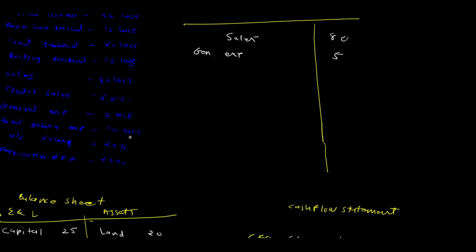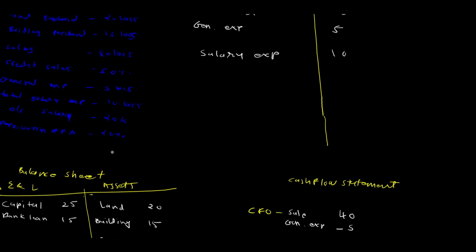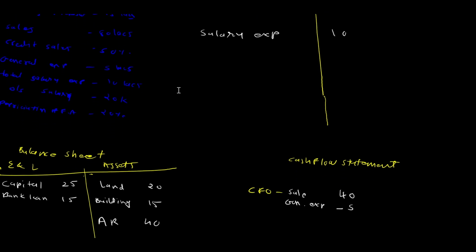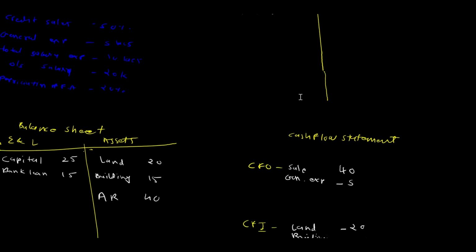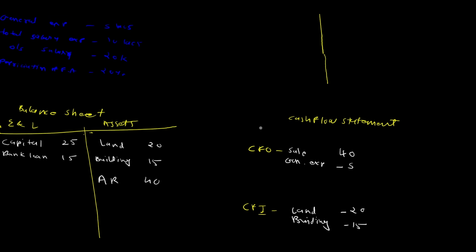Then total salary expense is 10 lakhs. Outstanding salary is 0.20, so my salary expense paid in cash is only 9.8.